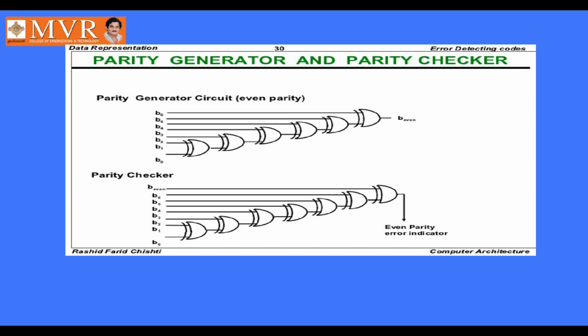So with this, we have concluded the sixth topic, error detection codes, of part 2, data representation, in unit 1. Totally, as we know, unit 1 contains 3 parts.